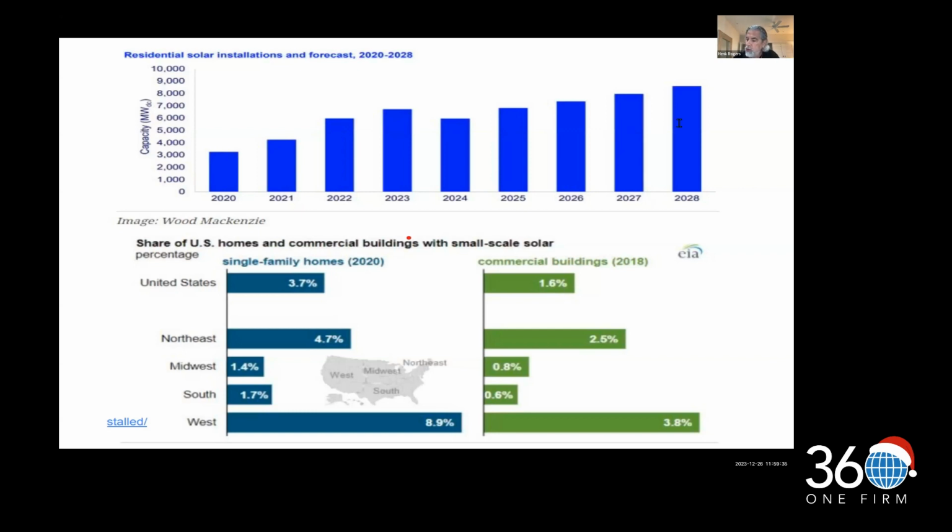I have a little personal experience in that when we reached the point in Hawaii where the utility said we can't connect any more rooftop solar to the grid, it's too much. For example, my house in Honolulu, I wanted to put solar panels on my roof. And they said, no, you can't, because there are already too many people in your neighborhood that have solar.